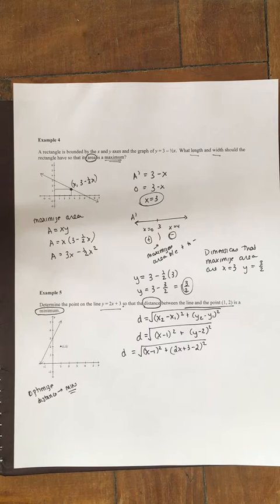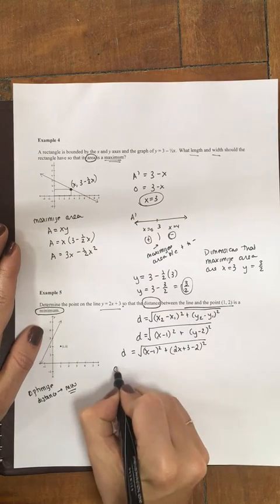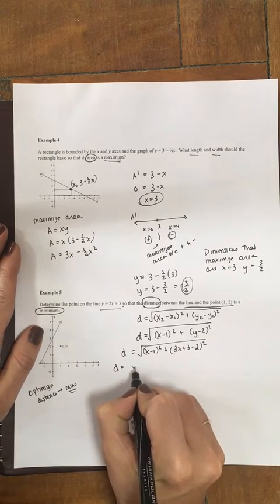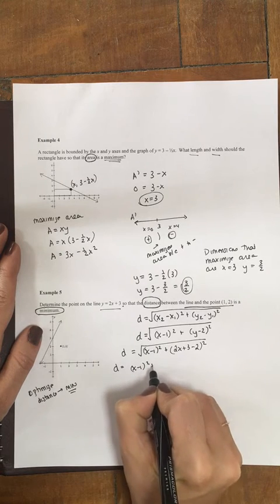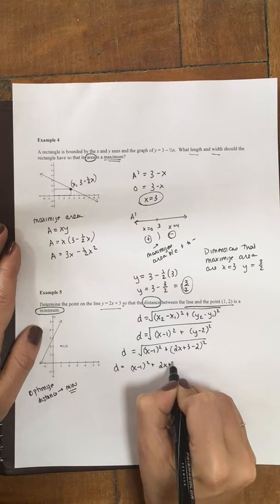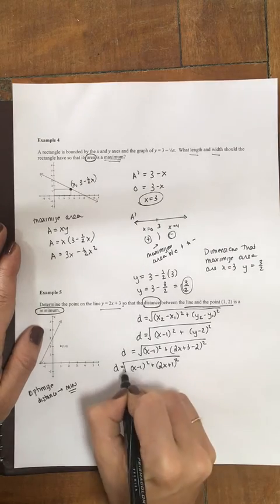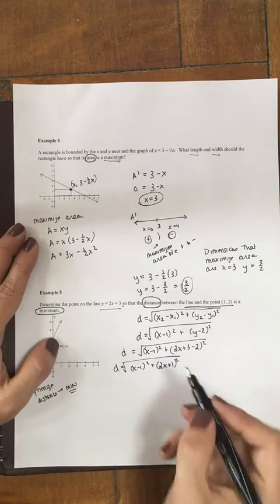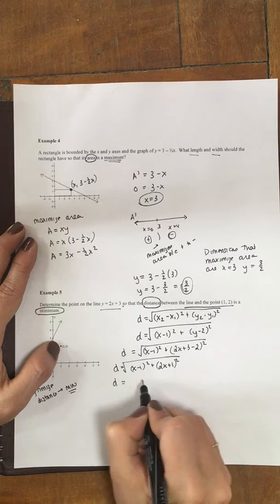And then, let's see, we can do a little simplifying. Distance equals x minus 1 squared plus 2x plus 1 squared, all under a square root. And we can do our distributing.